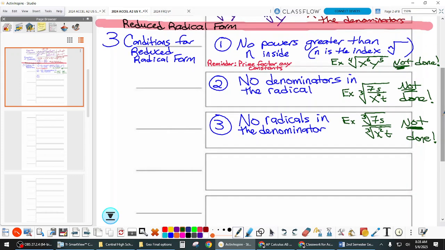Actually, before we write notes and examples on that, I want you to put, I'm going to put it right here.